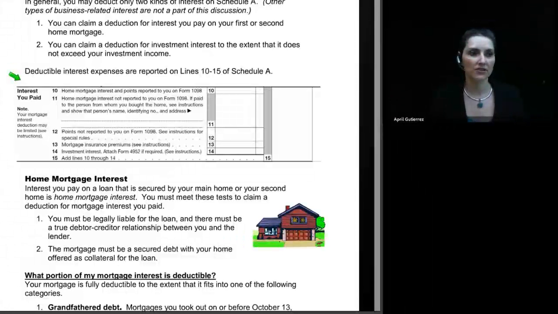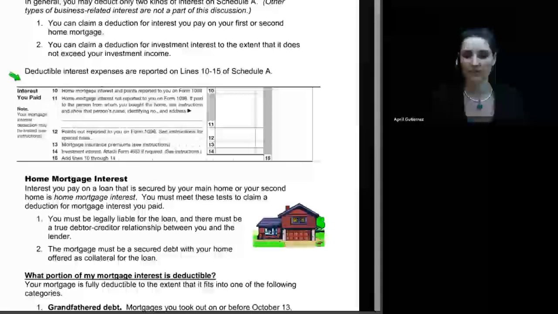And prior to that restructure, personal interest was deductible. If you paid interest on a car loan, it was deductible. If you paid interest on credit cards, it was deductible. And that was taken away, and it phased out over a period of time. And I think 1991, possibly 1992 was the very last year that deduction was ever allowed. And ever since then, there's only been 2 kinds of deductions for interest you're allowed on Schedule A. One of them is home mortgage interest, and the other is investment interest. So we're going to talk about those two today.